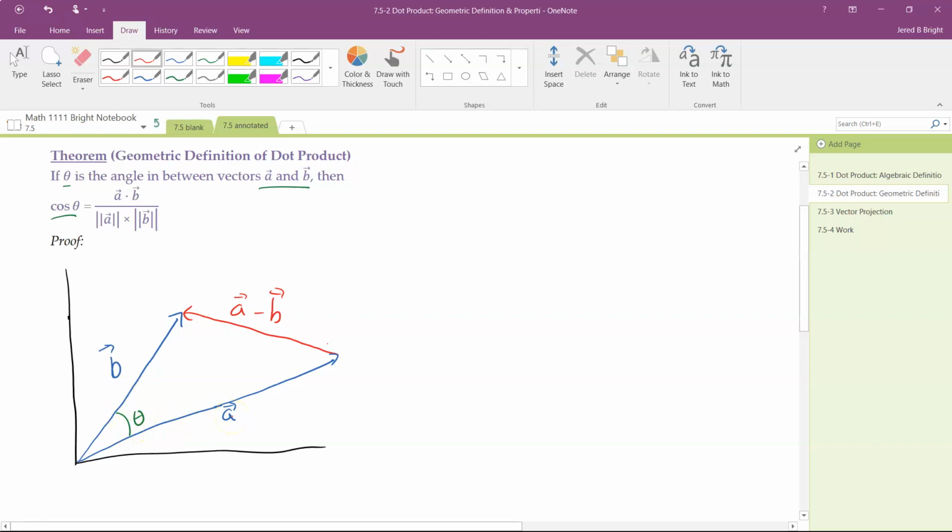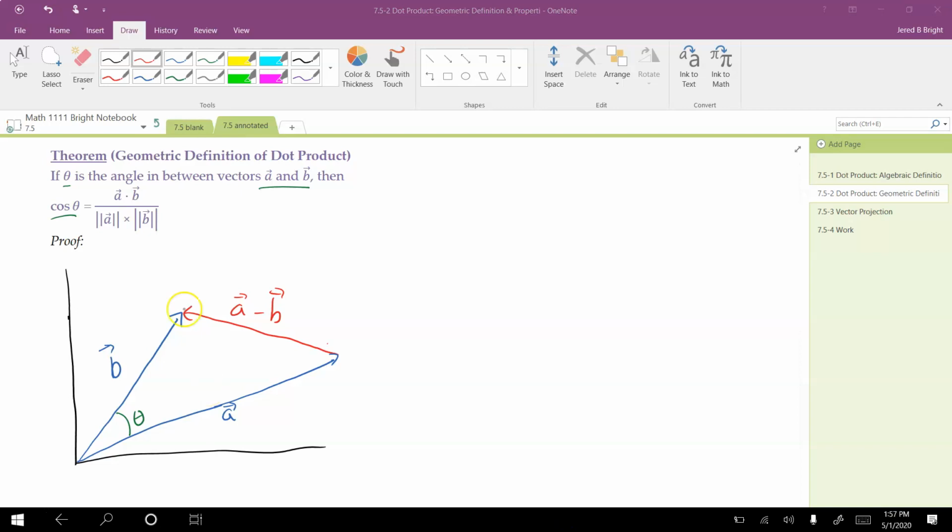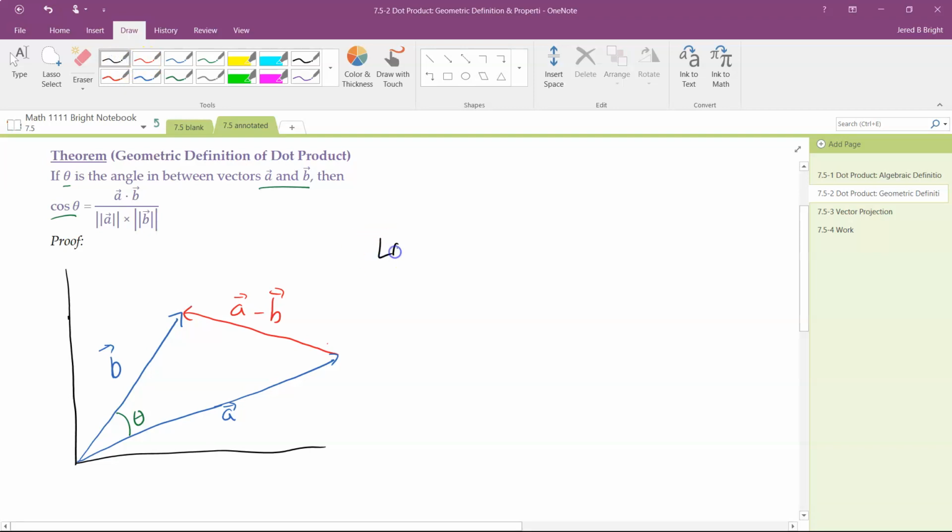Actually, in this case, we would know all the sides. So I can use the law of cosines.